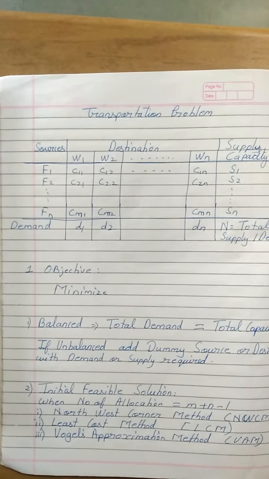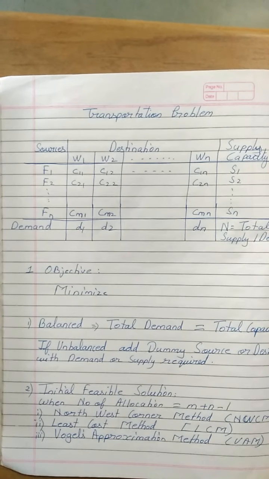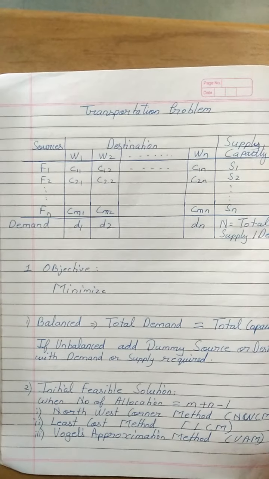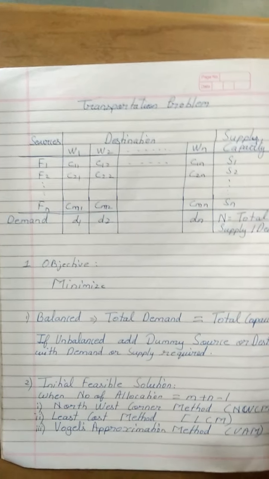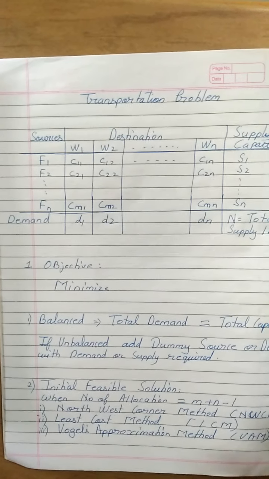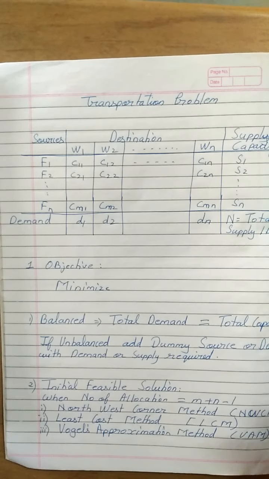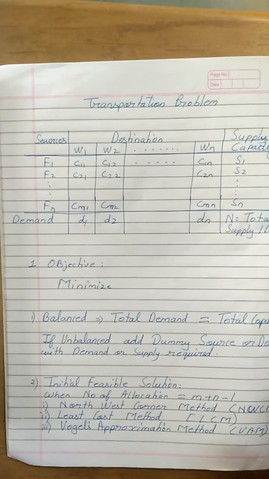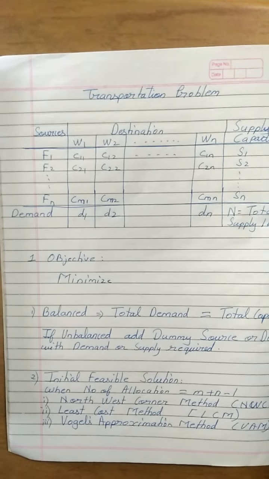Now to carry products from source to destination, there is a cost incurred. That cost we call transportation cost. In an industry or in an organization, the final price of any product includes the transportation cost, which increases the price of that product.